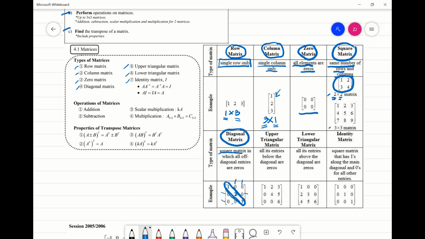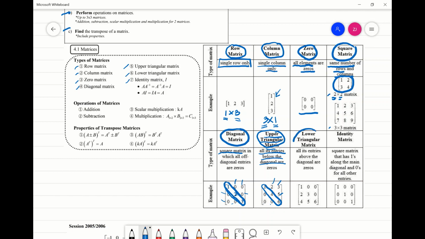Next, what is an upper triangular matrix? An upper triangular matrix is a matrix in which all its entries below the diagonal are zeros. These are all the diagonal elements, and below the diagonal are zeros. You can see from the name, upper triangular matrix means the elements in the upper triangular part will be non-zero.